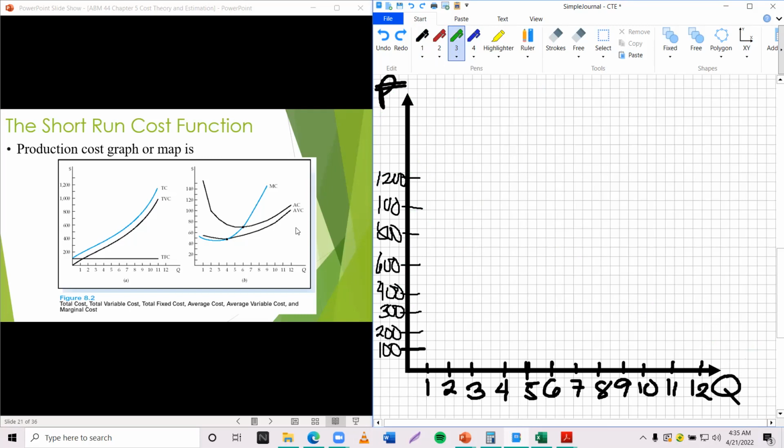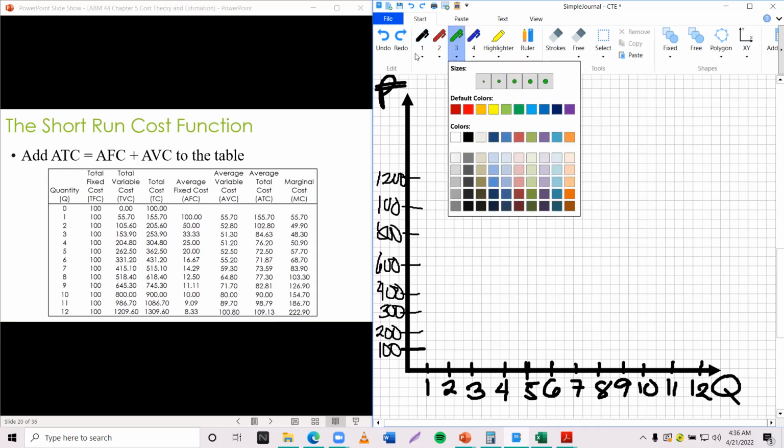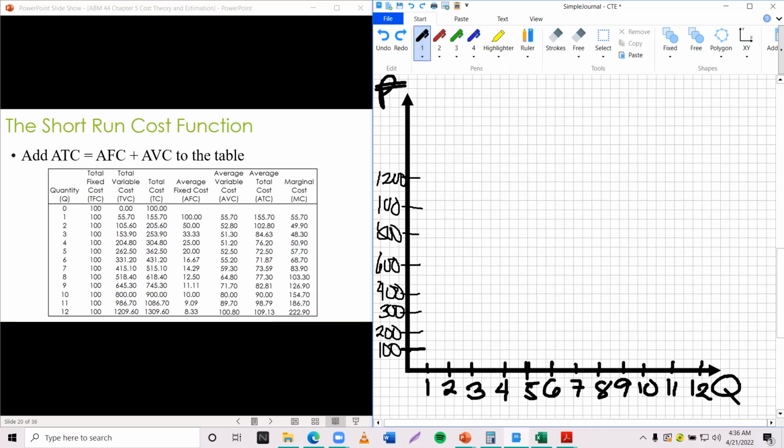So the first one would be, okay, based on our table, this is how we are going to plot it. So based on our table, we have a total fixed cost. So total fixed cost from quantity 0 up to 12 is consistently at 100. Okay, sorry. This would be our total fixed cost, TFC.